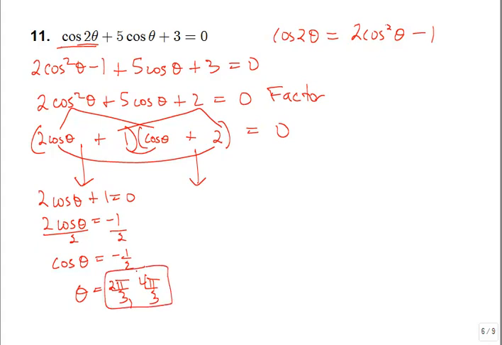If you don't know that unit circle yet, you really need to know it in order to make these trig equations go much smoother. For the second factor, we're going to set this to 0, and we're going to subtract that 2 over to the other side. And negative 2 is not one of our nice values on our unit circle, and it should also kind of give you a pause here because you need to think about cosine. What's the largest or smallest value that cosine ever takes on?